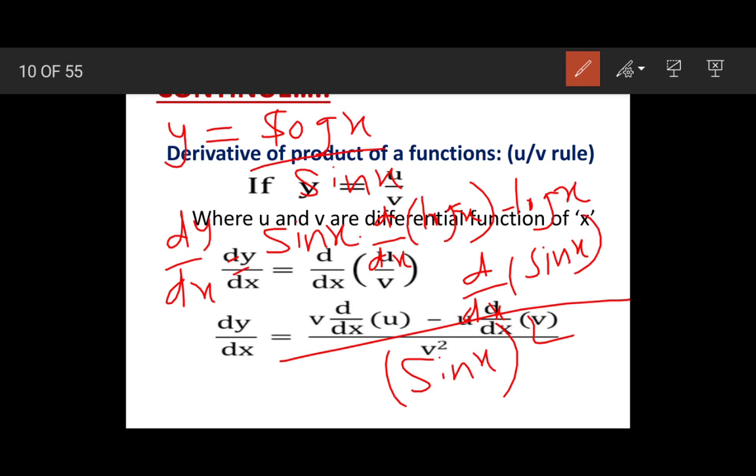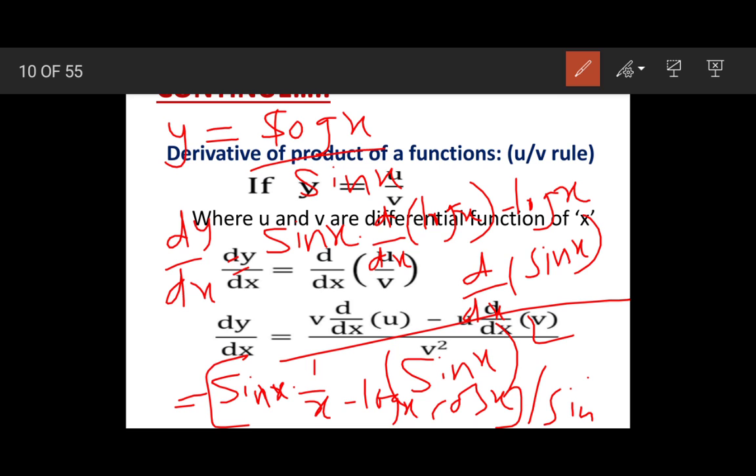So that will be sin x into derivative of log x, which is 1 upon x, minus log x into derivative of sin x, which is cos x. So that is equal to sin x into 1 upon x minus log x into cos x, whole divided by sin square x.